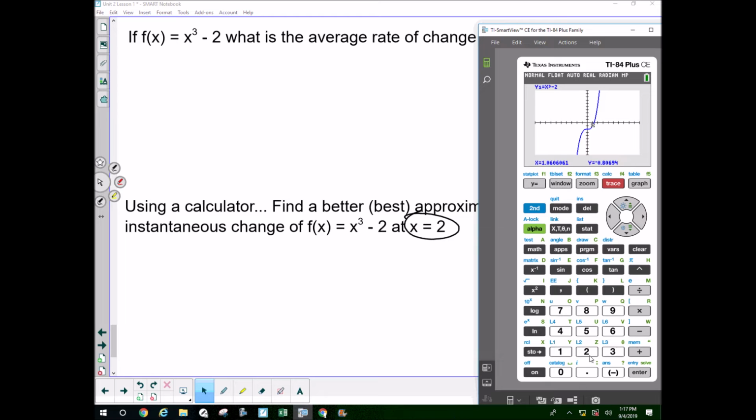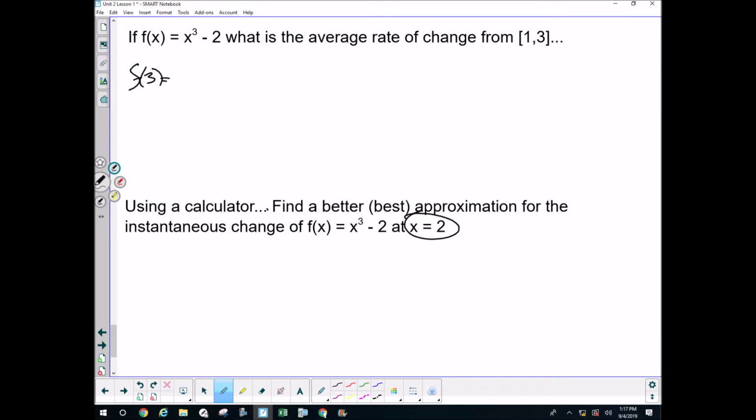I'm going to focus my attention at x equals 2, right there. I'm going to find how quickly the function is changing at that location, which is the slope of the tangent at that location. I want to figure out the value, okay? Well, I'm going to start by finding the average rate of change between 1 and 3.